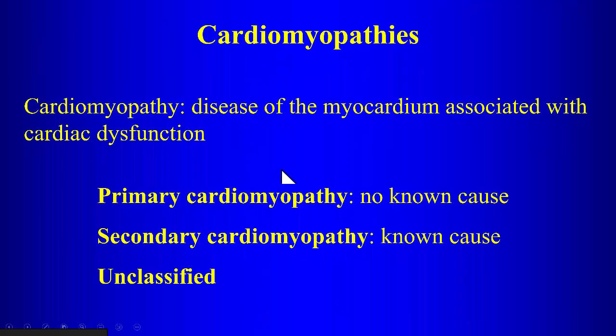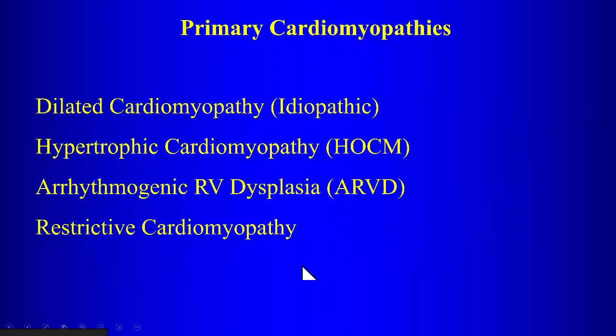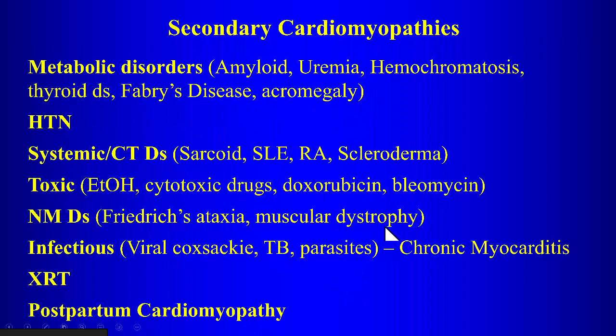Now there's a classification of cardiomyopathies depending on what textbooks you look at. Primary have no known cause, secondary have known causes, and then they're unclassified. So the primary cardiomyopathies: idiopathic, hypertrophic cardiomyopathy, arrhythmogenic right ventricular dysplasia, and then a lot of things can result in restrictive cardiomyopathy.